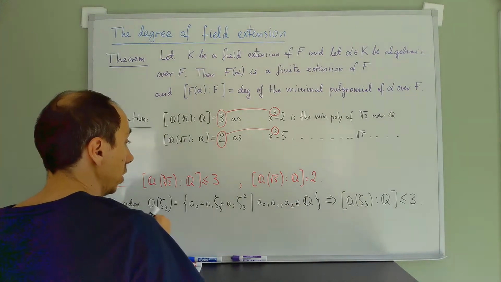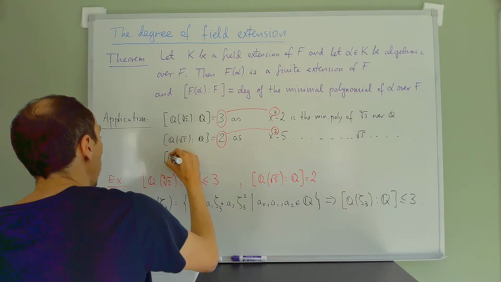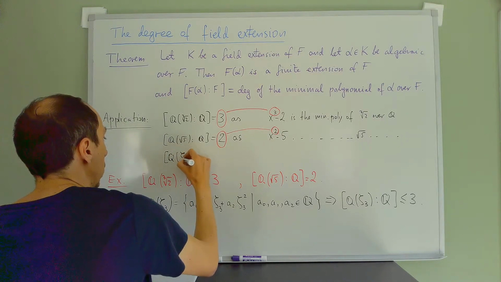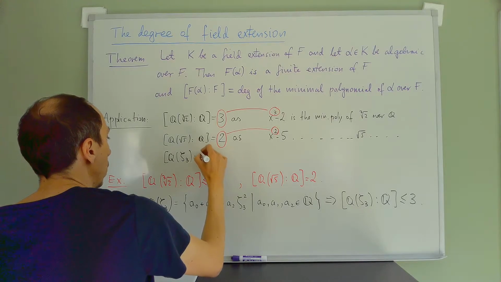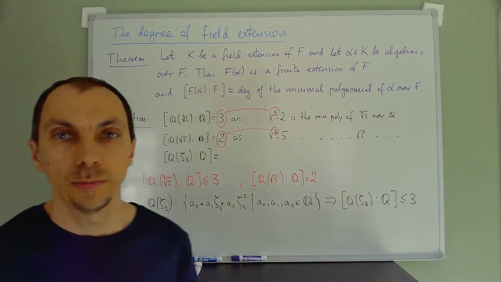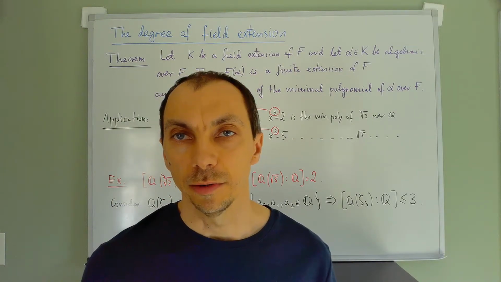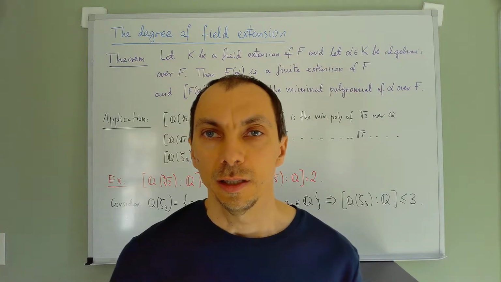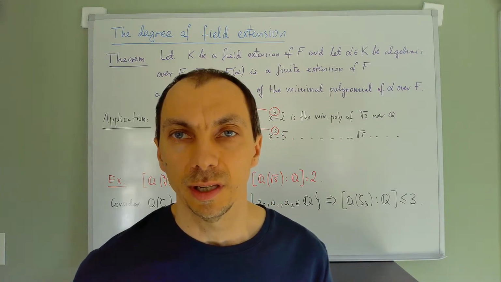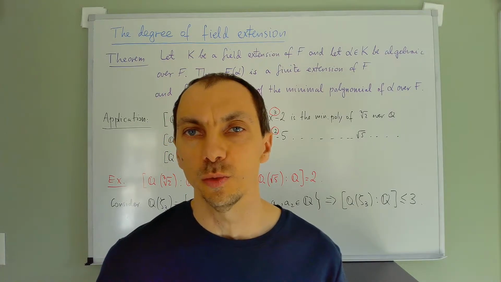Again, that's the 2. Finally, let's answer the question about this last example. What is this? I need the minimal polynomial of cube root of zeta 3 over Q. When we discussed minimal polynomials, we said that the obvious thing that comes to mind is the polynomial x cubed minus 1.